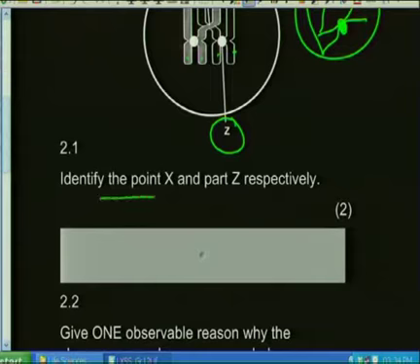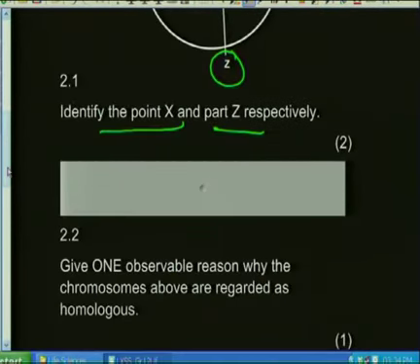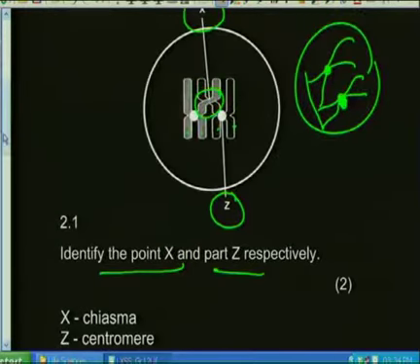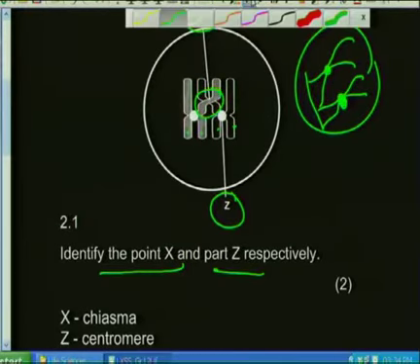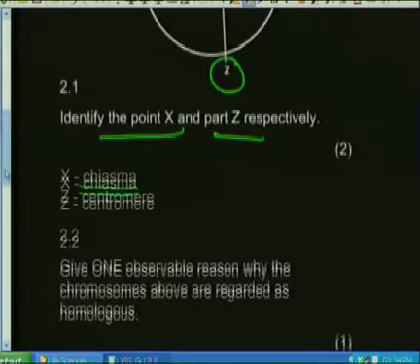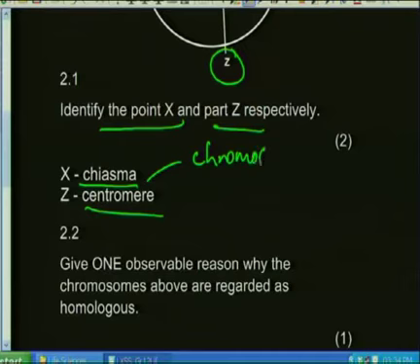Identify the point X and part Z. Part Z, that's a part, and point X. That's a simple question, and the answer is X is the chiasma, there, the chiasma, and Z is the centromere. Chiasma, guys, is the part where the chromosomes cross over.